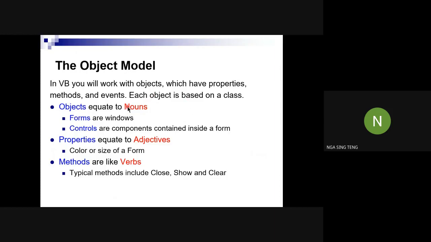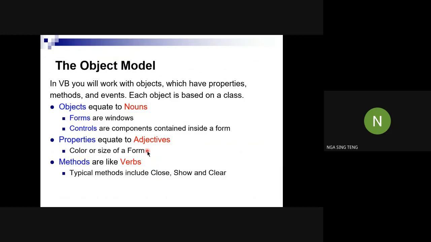That particular class, you still use a noun. Forms are the windows, controls are the components contained inside the form. Property is just like the color, the size, whether aligned or not, visible or not. All this can be set.